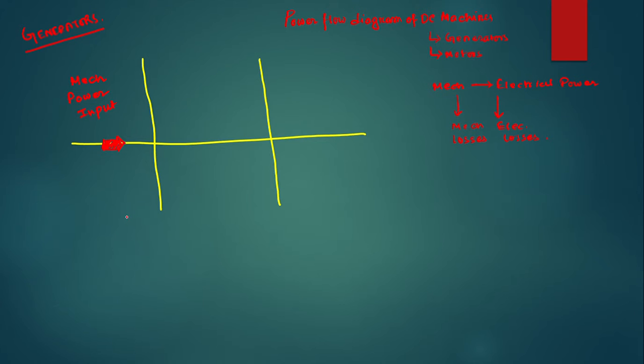So as we all know, the mechanical power input or Pin will be given as omega input, the angular speed in radian per second, and the torque or applied torque, right?